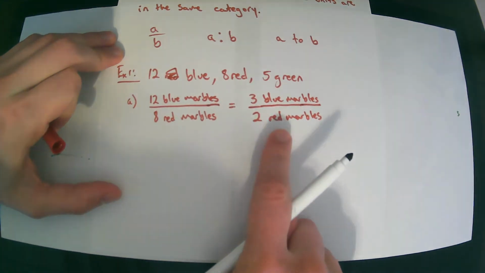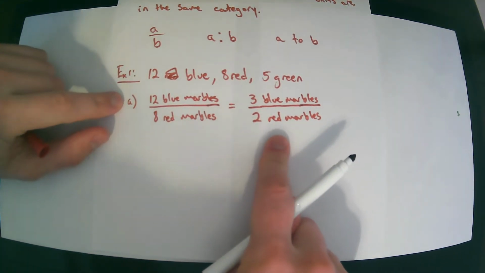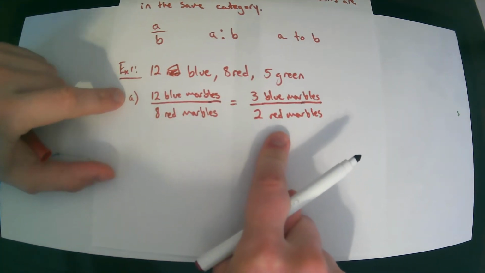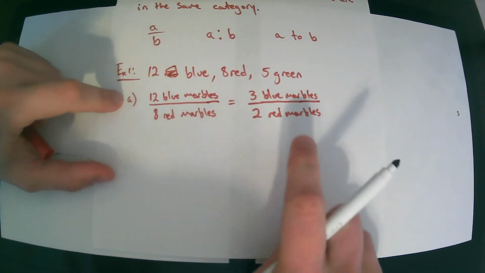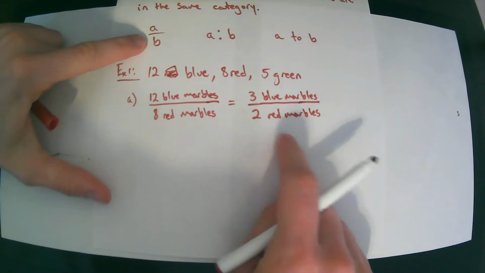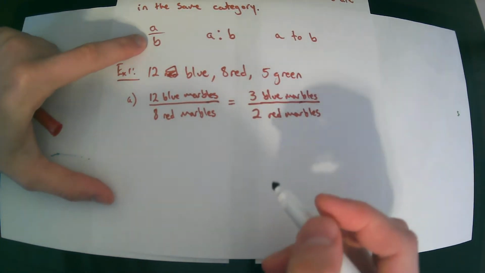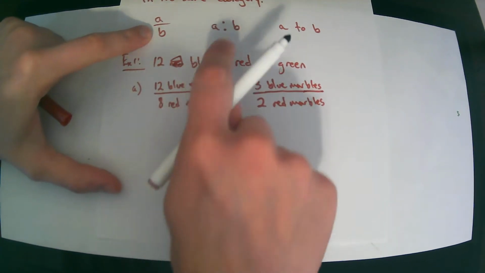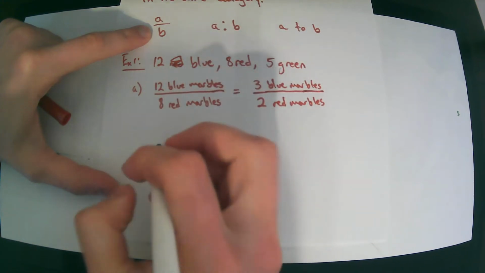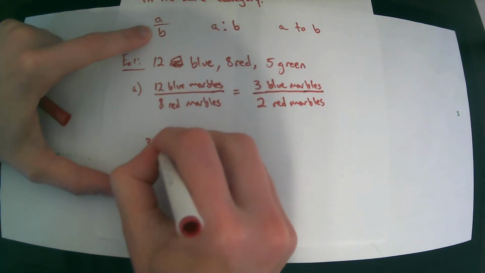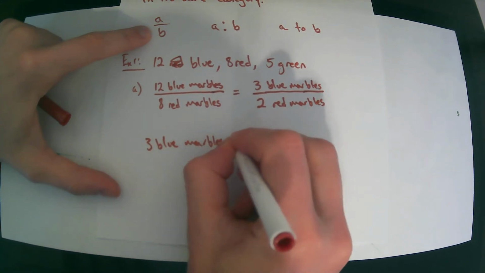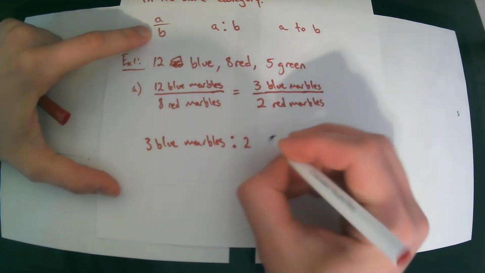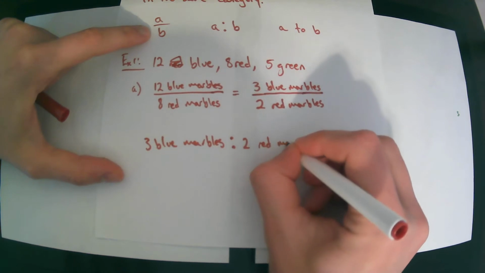Okay, so there's part 1 of part A, right? They want the answer three different ways, meaning using all three of these notations. So I've got the fraction representation of the ratio, that's that one, and then I've got the colon representation, so 3 blue marbles colon 2 red marbles.